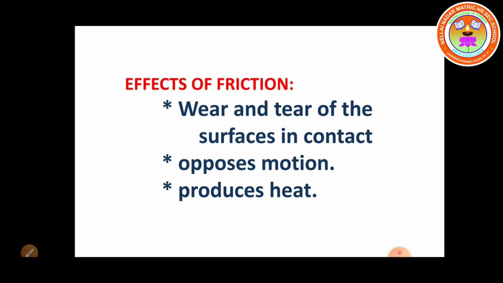And third is the wear and tear of surfaces in contact. What is wear and tear of the surfaces in contact? Wear and tear is the damage that happens to an object in ordinary use during a period. This causes physical damage only.